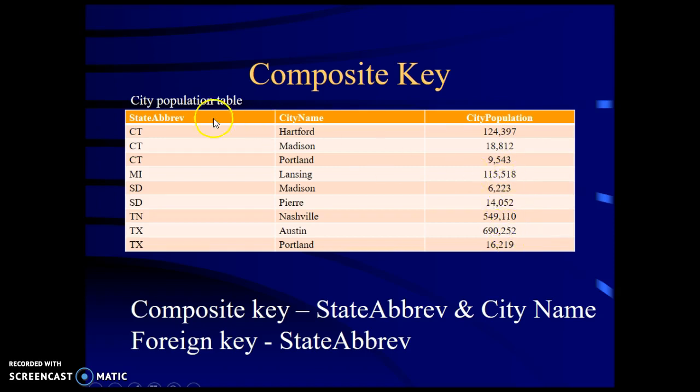So what we want to do is take the state abbreviation and the city name and combine the two to create a composite concatenate primary key. You also recognize that state abbreviation is a foreign key to the state table that we looked at previously.